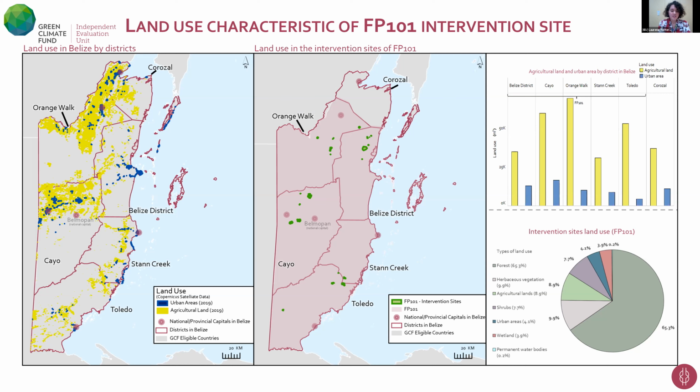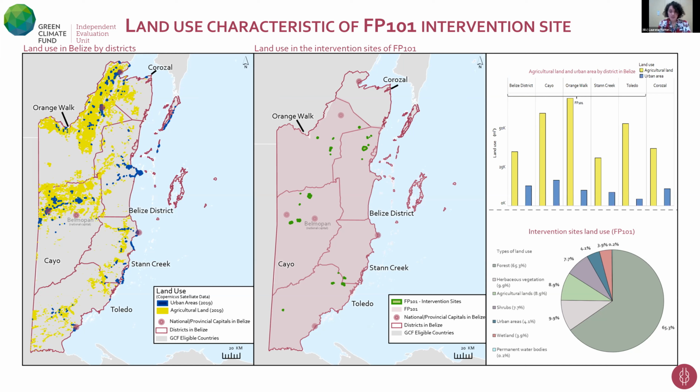So let's jump to our next map before you, on the type of land use in Belize. For Belize, the project used for the geospatial analysis is FP101. The title of the project is Resilient Rural Belize, by Resilient. It's a project with a value of $20 million with $8 million financed by GCF.